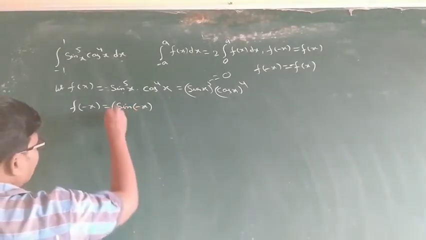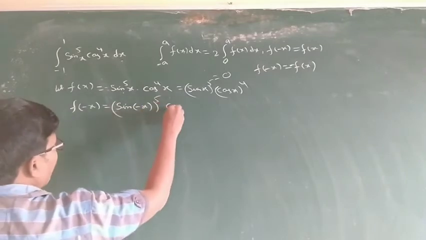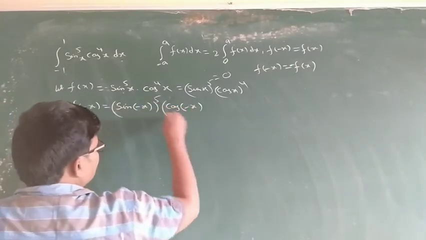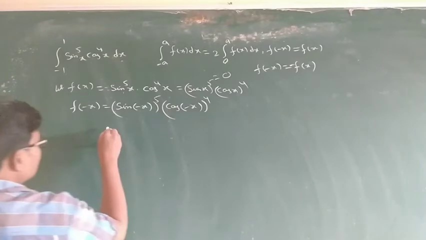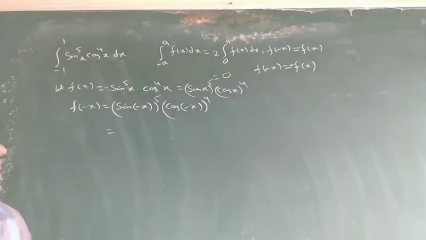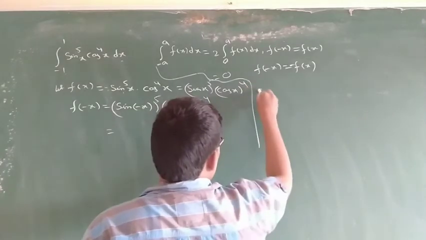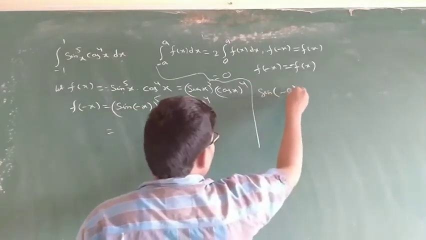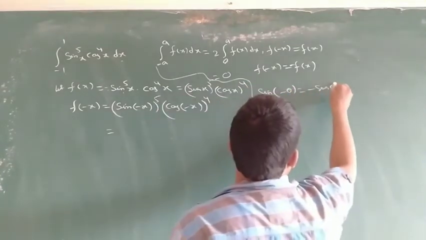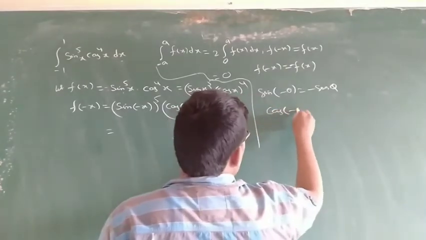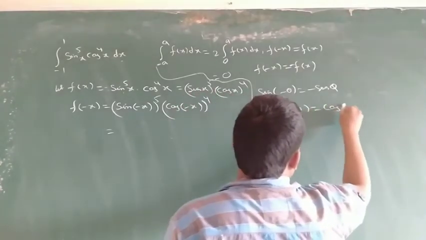Sin of minus x whole power 5, cos of minus x whole power 4. So that is equal to, by the formula, sine of minus theta is equal to minus sine theta, and cos of minus theta is equal to cos theta.